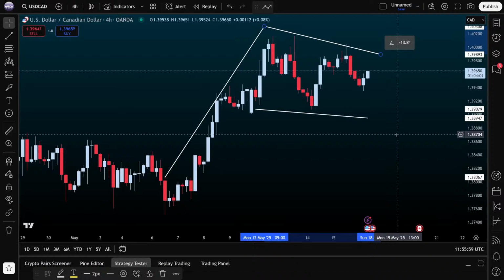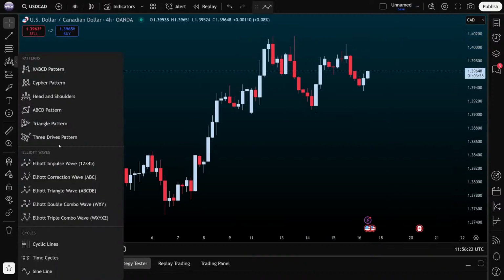or a sell trade. So let me remove these, and then all I look at here is another pattern. Let's see. One of my favorite patterns is head and shoulders. So now if I look at this as my left shoulder, and this as my head, and this as my right shoulder.